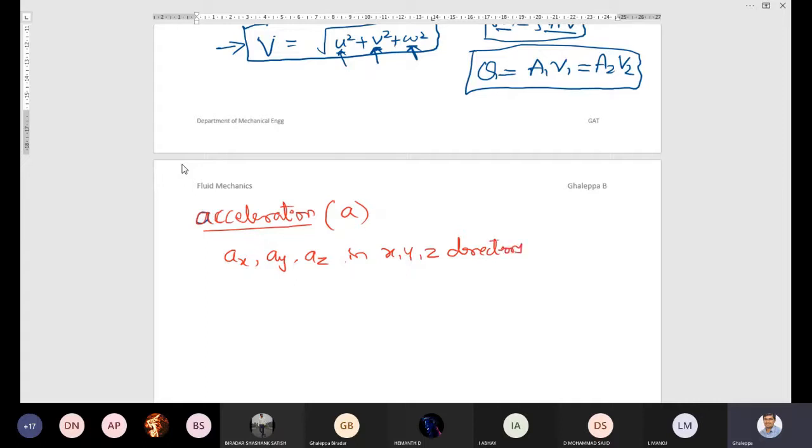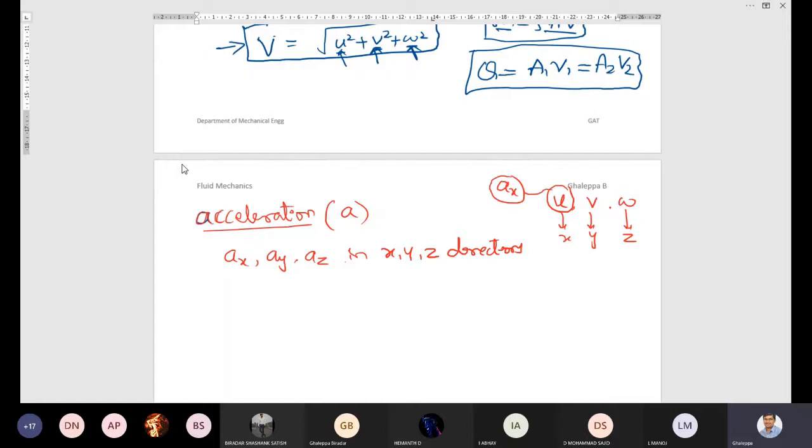You can ask a question, why sir AX, AY, AZ? Because velocity in x direction is u, velocity in y direction is v, velocity w is in z direction. So when you are considering velocity u in x direction, there will be acceleration in x direction. Because what is acceleration? Acceleration is rate of change of velocity.